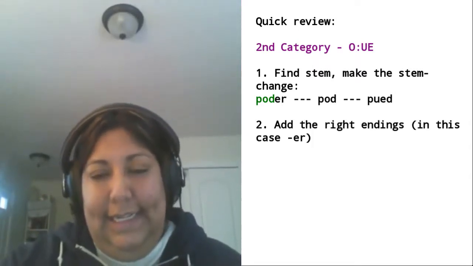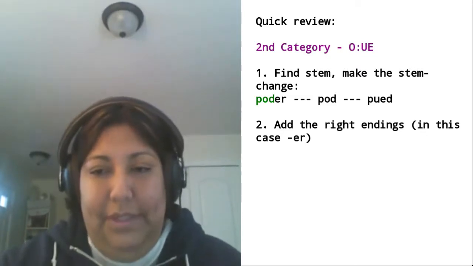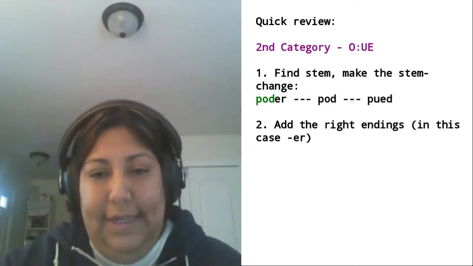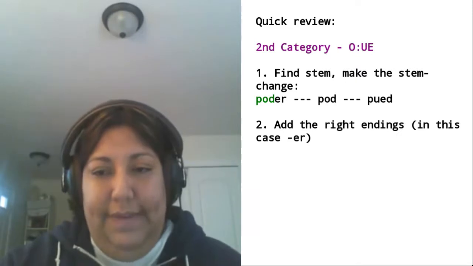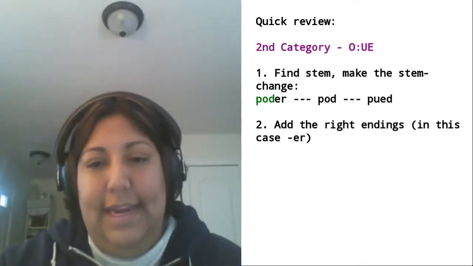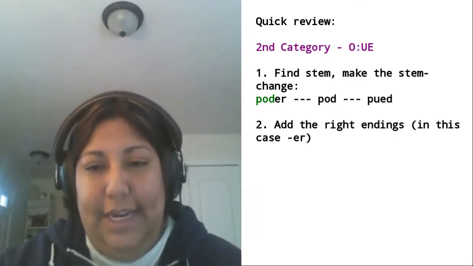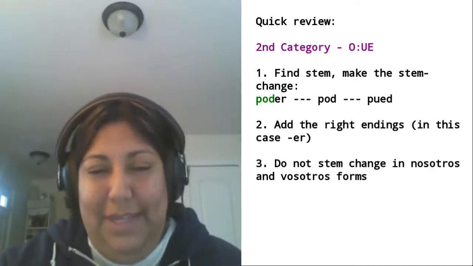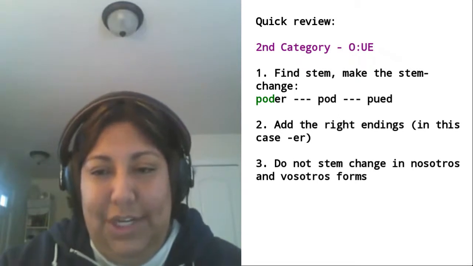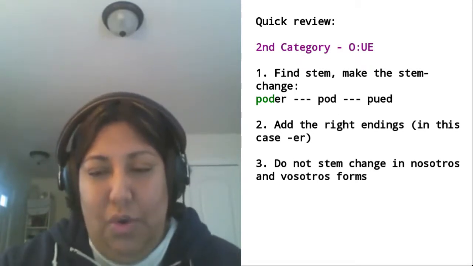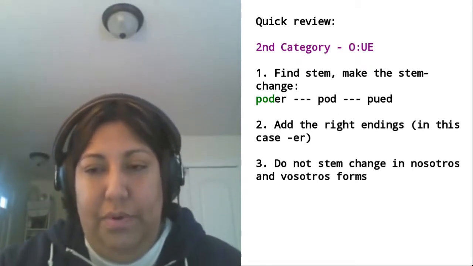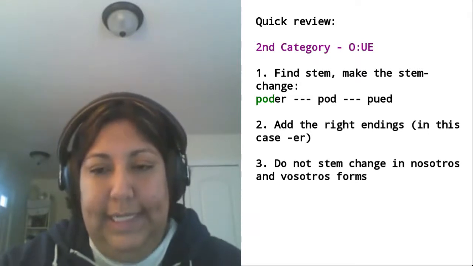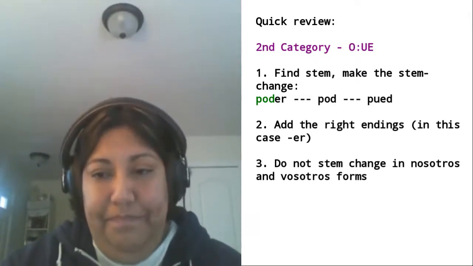In this case, it is an ER verb, so you'll add those endings: puedo, puedes, puede, and then as you see, the third item on the list is you're not going to stem change nosotros or vosotros, so podemos, podéis, and then pueden.